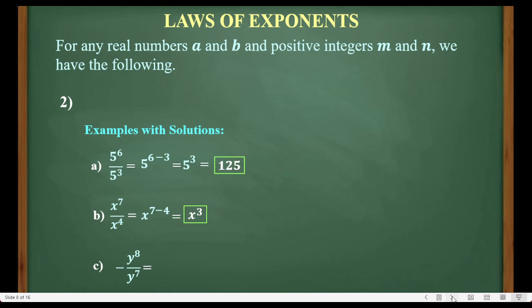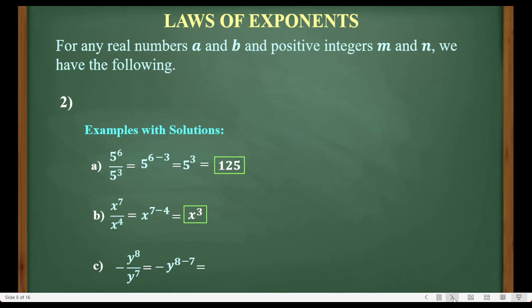So again, we are dividing powers of the same base. Now, since this expression is preceded by a negative, the answer is also preceded by a negative. The common base is y, raised to 8 minus 7, the exponent of the numerator subtracted by the exponent of the denominator.